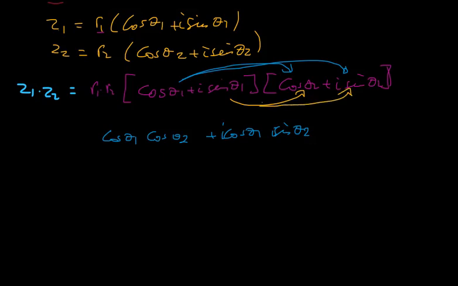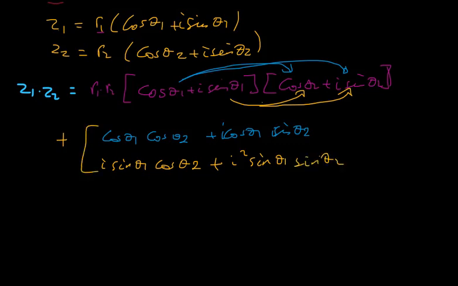Let me write here: plus i sine theta 1 times cosine theta 2, plus i squared, because i times i is i squared, times sine theta 1 times sine theta 2. We don't forget that we have r1 and r2 here, the product of the two, and we will write that at the end.